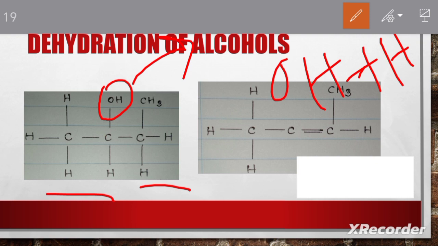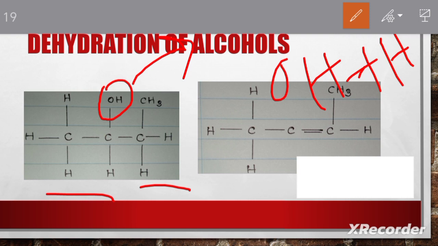For that, there is a rule called Saytzeff's rule. We will discuss about this Saytzeff's rule later. Till then, remember, we have to remove hydrogen from the adjacent carbon containing low number of hydrogen.